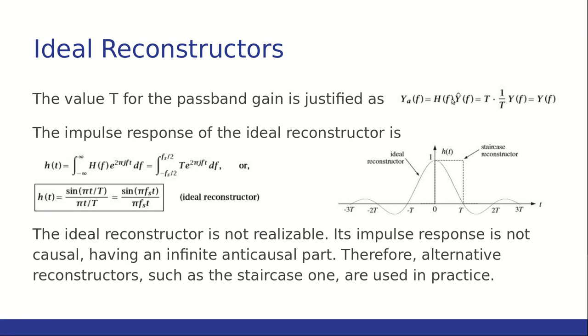So Y cap of f would become 1 by T times Y of f. So it makes sense in H of f being capital T. Thus Ya of f would become Y of f.